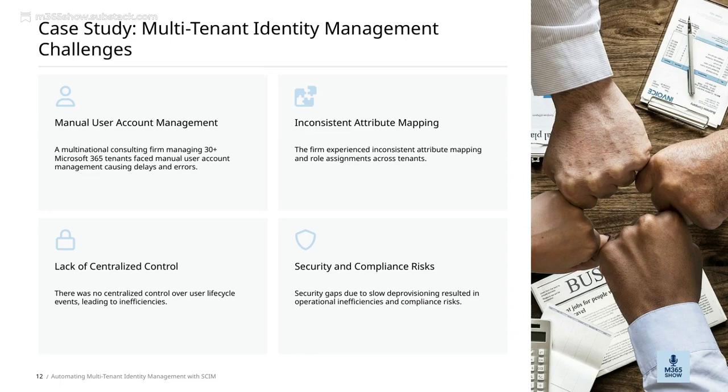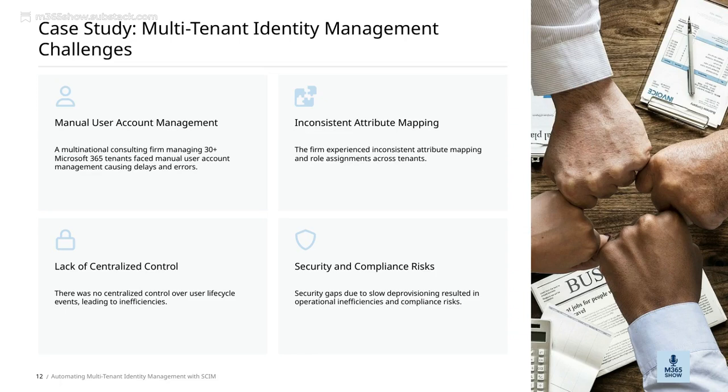In this particular case, a multinational consulting firm managing over 30 Microsoft 365 tenants relied heavily on manual user account management. As you can imagine, this approach led to delays, human errors, and added complexity. Automating these processes with standards like SCIM can significantly streamline operations, reduce errors, and enhance security.